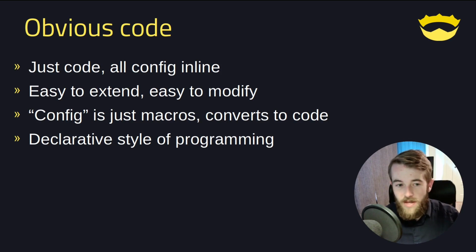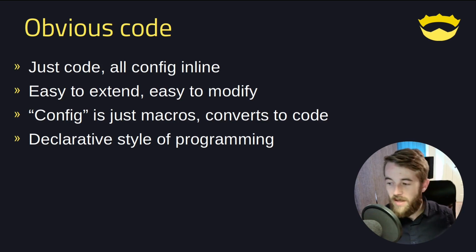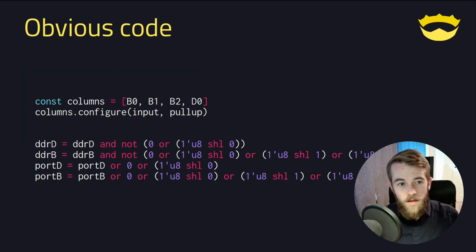And the macros allow us to do what's called a declarative style of programming. I can tell my firmware, I want to do this, and the macros turn it into the code that does that thing for me. So an example of that is how I set up columns and rows of pins in my code. So columns is just an array of pins, and these are the names of the pins that are on the silk screen of the chip.